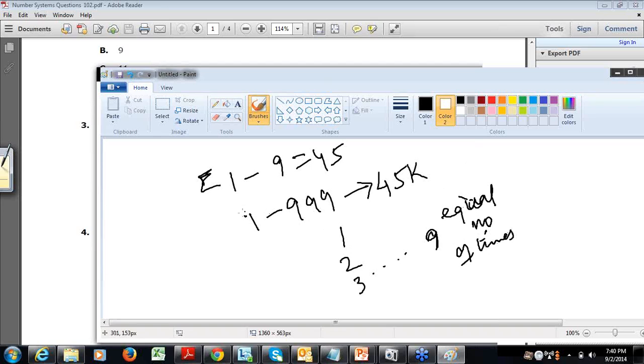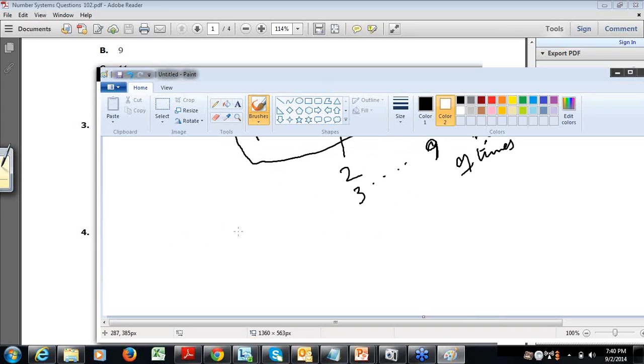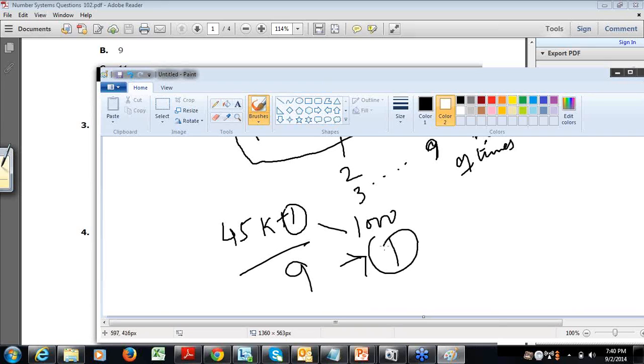So this sum will be 45k. So the sum will be of the form 45k plus 1. This 1 is from 1000, which has been written last. So what will the remainder be? 1 will be the remainder.